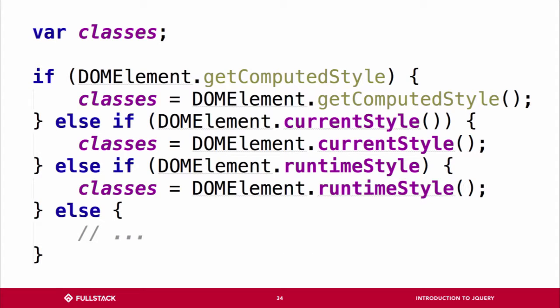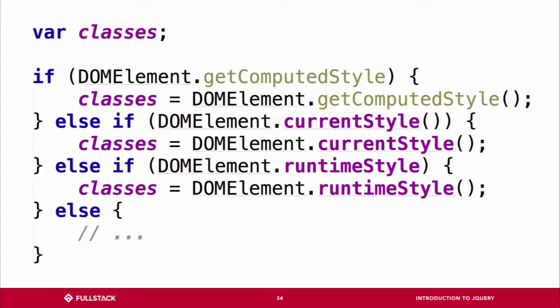Here's an example of something you don't see quite as much anymore. One of the reasons you don't see it is because jQuery is around. But before jQuery came into existence, you would get a DOM element and sniff out what the DOM element had defined. Based upon what it had defined, you knew what path to go down.